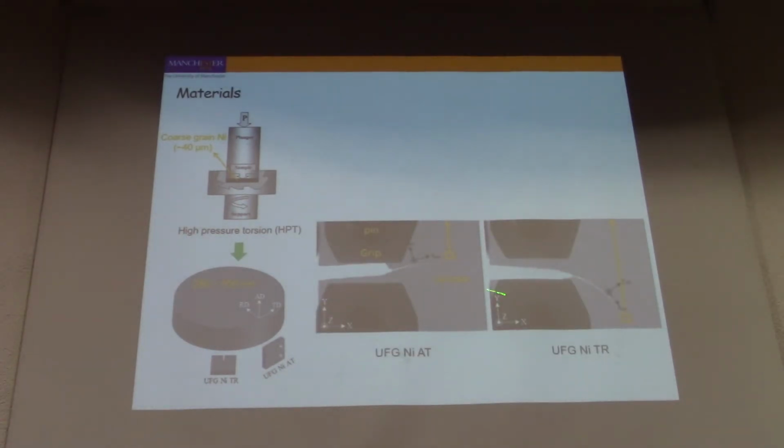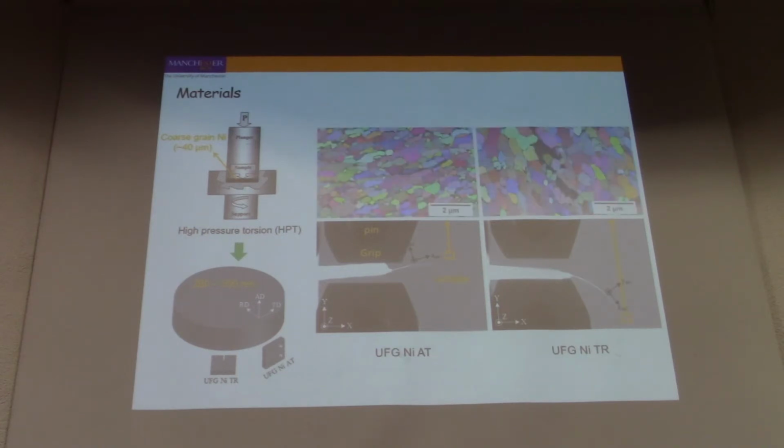And here is the radiograph collected at synchrotron. So we can say after the experiment that the cracks for both cases are not straight, they are deflected. So why is that? Then we did EBSD.